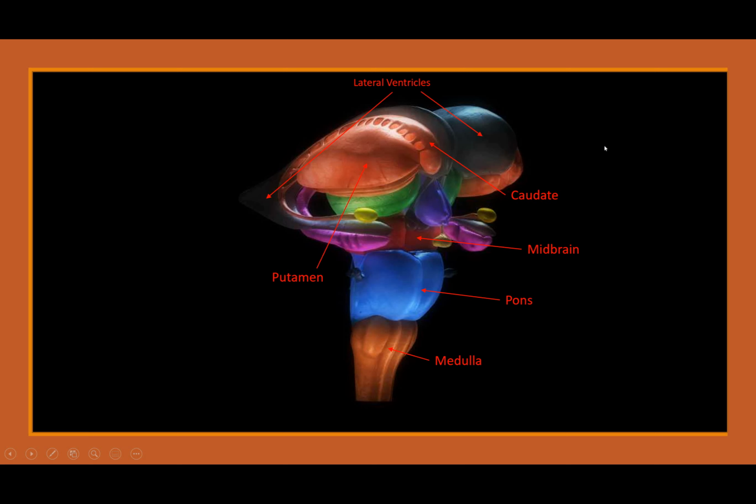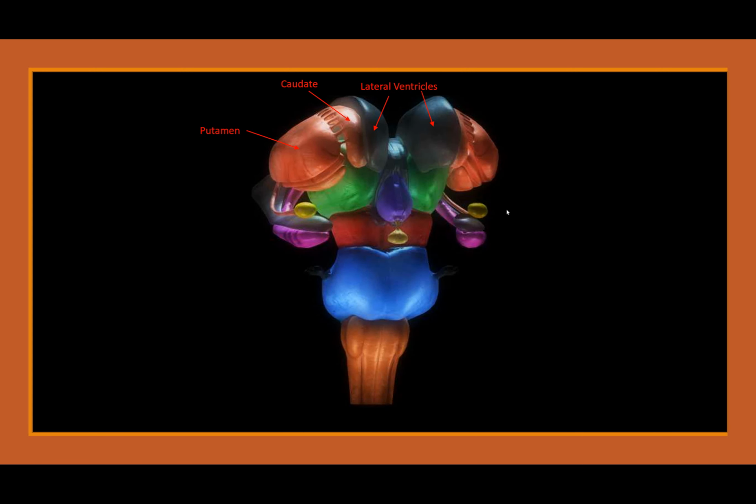I want to rotate just a little bit more to the side, and I'll keep the labels on for some of these. Again, you can see the lateral ventricles here in gray. Right next to it is the caudate, and right next to it is the putamen. Next, you'll see underneath the putamen, there are these little structures. There's one there, and one there and there. These are the globus pallidus.